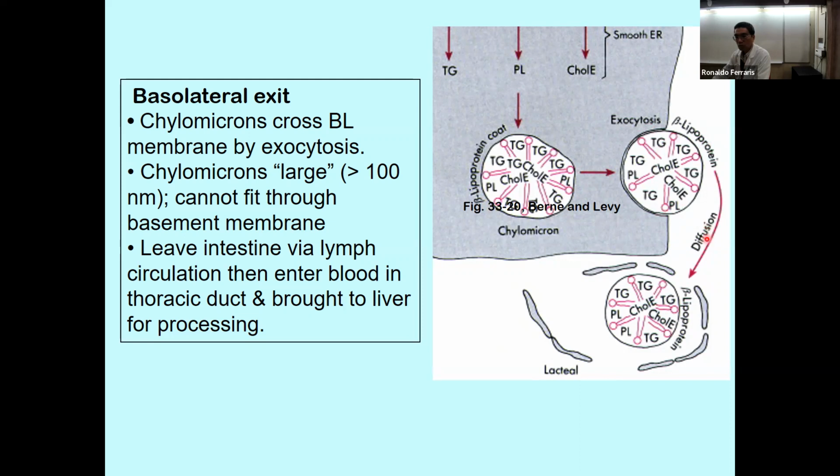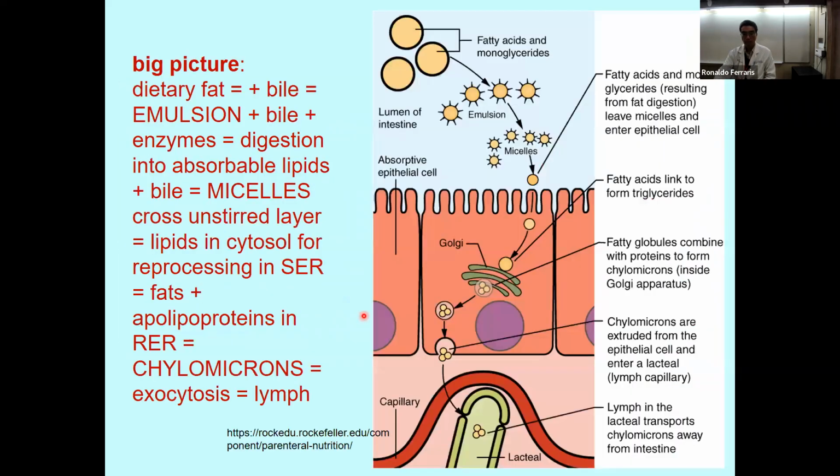They diffuse through the basement membrane, go into the lymph capillaries, and then enter through the lymph, and actually join the blood in the thoracic duct, where the lymphatic system and the main blood circulation of the body actually meet one another. So this is a big picture of the complicated process of fat digestion and absorption.